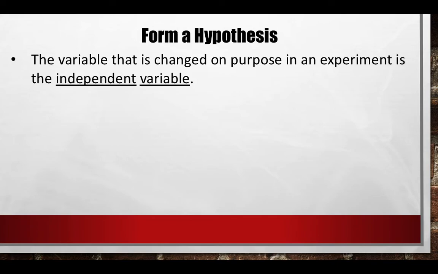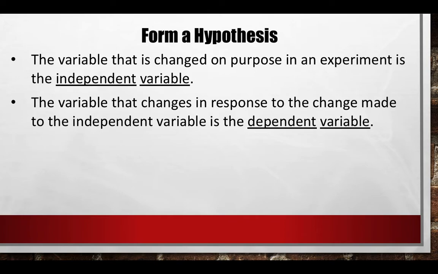The independent variable is the variable that is changed on purpose in an experiment. When the scientist begins their experiment, there is something that they're going to change, that they are going to experiment with. And that variable that they are experimenting with is called the independent variable.